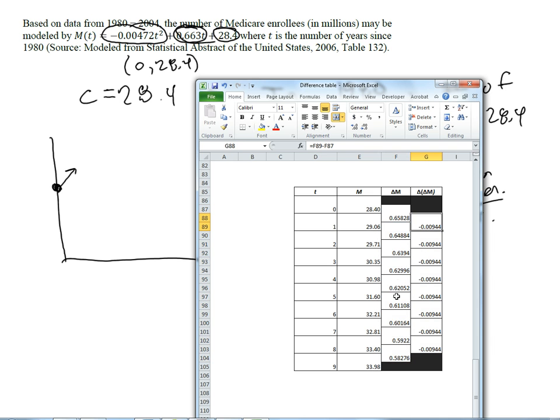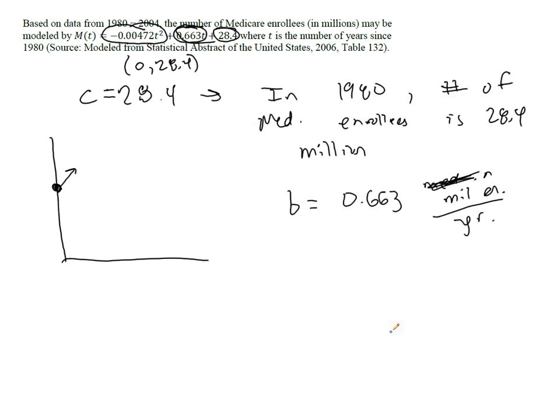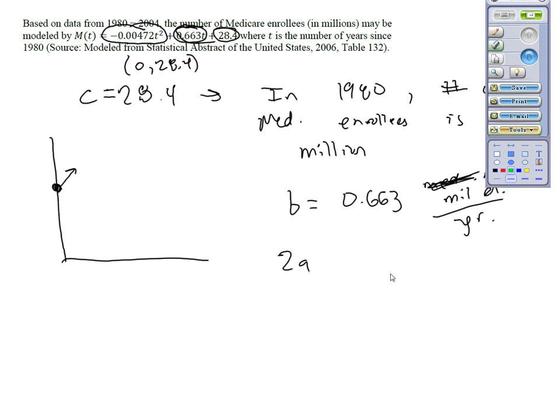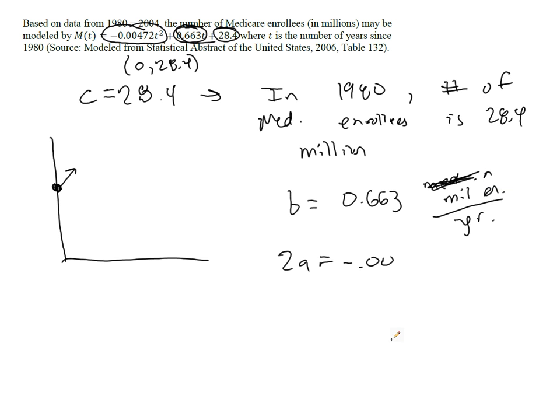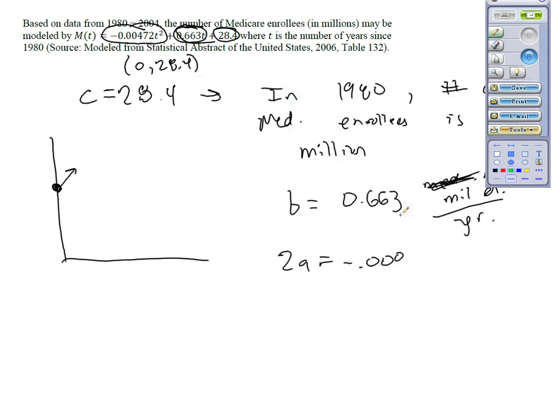At what rate is it decreasing? Well, remember, 2 times A is equal to this delta, 0.00944.